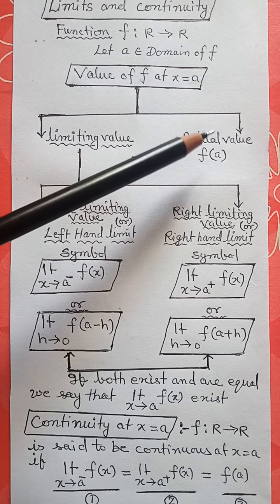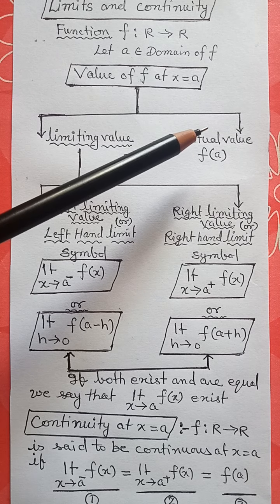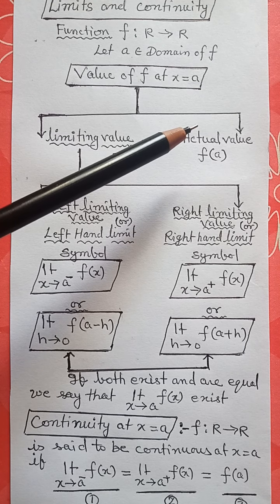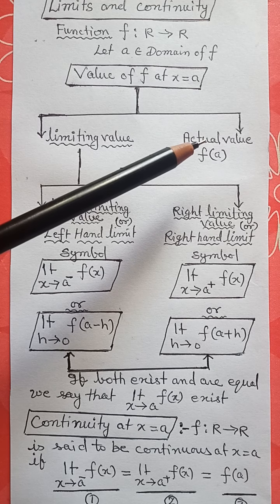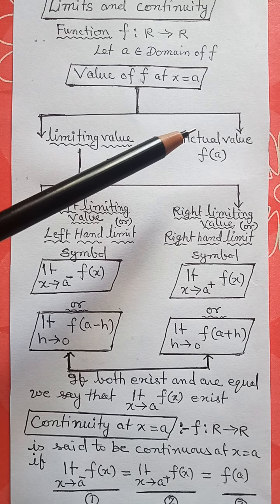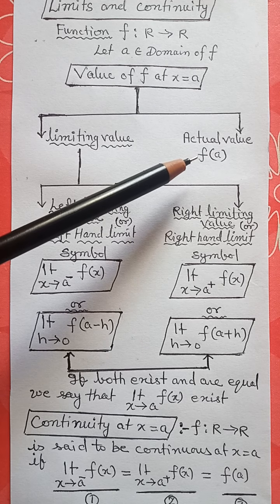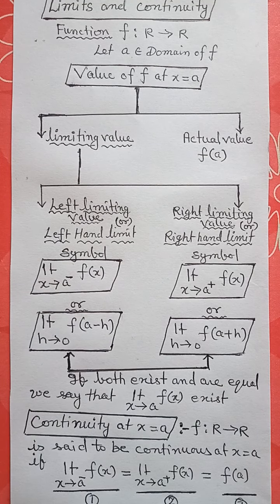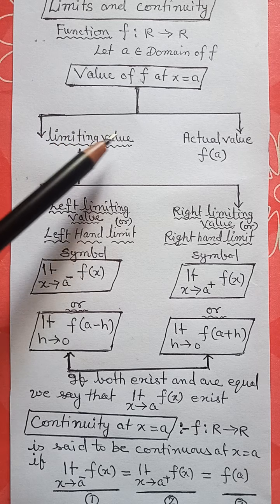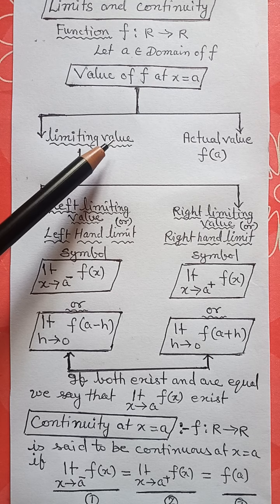The first one is the actual value, the value of the function at a, and this is written as f(a). The second value is the limiting value of the function at x equal to a.